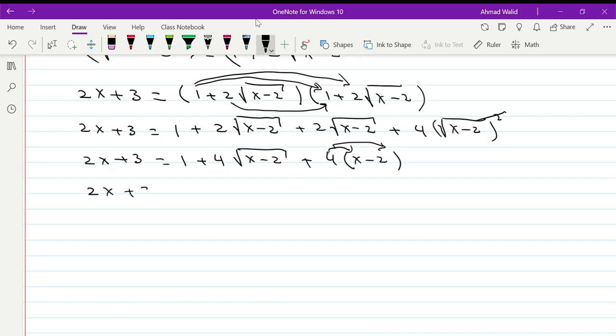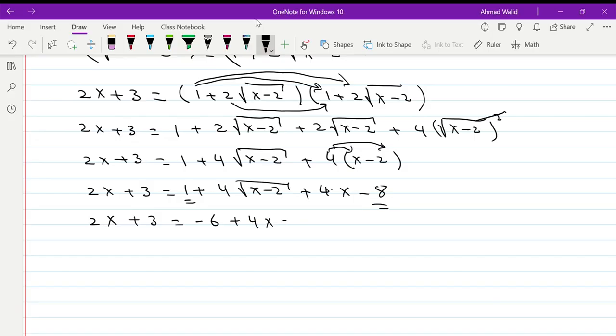2x plus 3 equals 1 plus 4 radical x minus 2 plus 4x minus 8. Combine like terms. 2x plus 3 equals 1 minus 8 gives you negative 6, right? Here and here. Plus 4x plus 4 radical x minus 2.